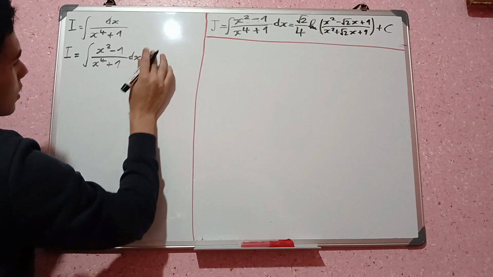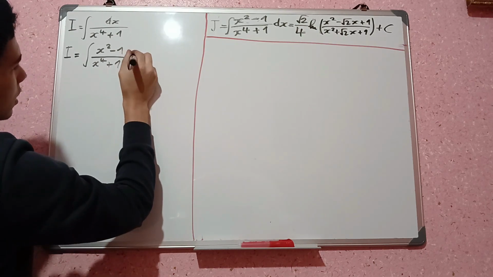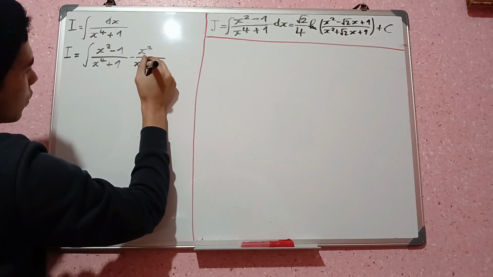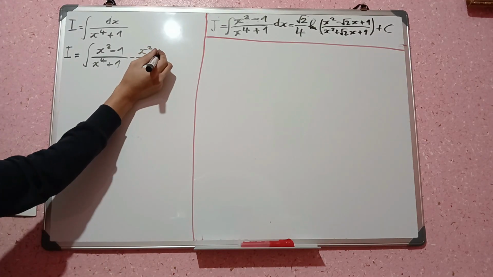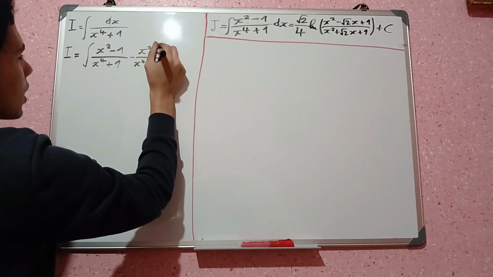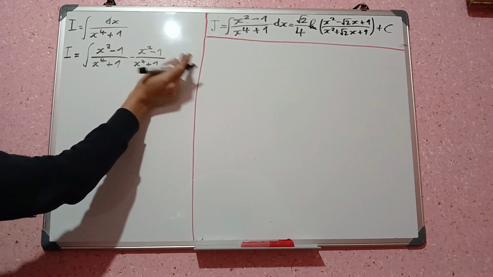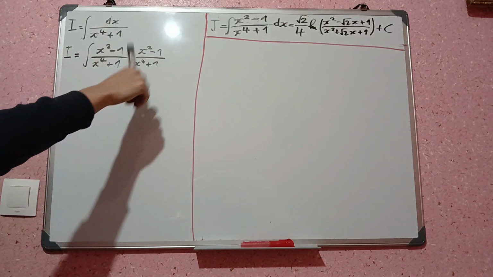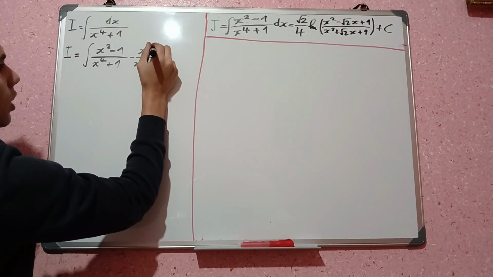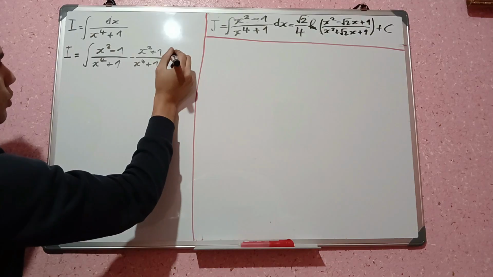So let's subtract. But we need a 1 in this place, so let's put minus 1, but minus 1 minus minus 1 is just 0, so this whole thing is just 0. We kill the integral. So instead of doing minus 1, I will do plus 1 and see what will happen.